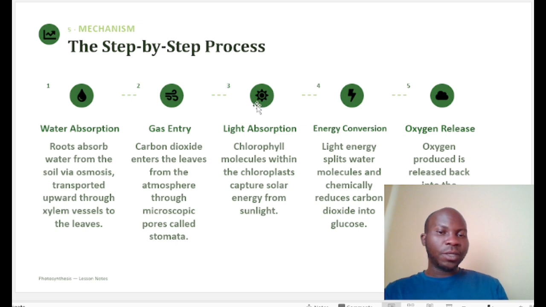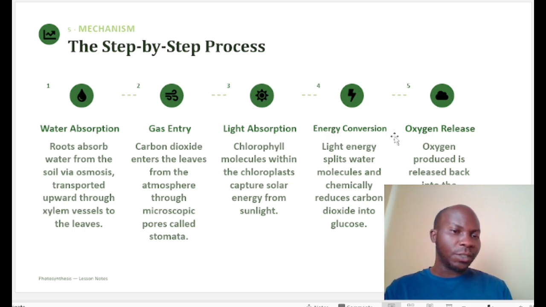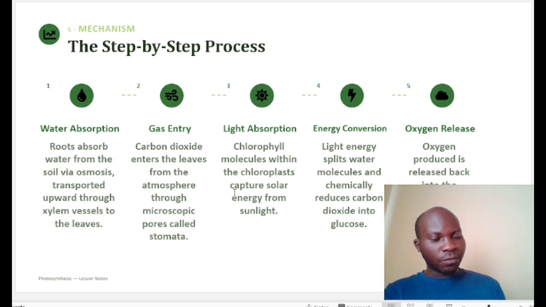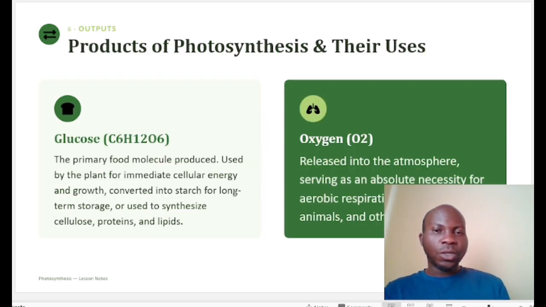We have sunlight absorption, where the light will be absorbed by the leaf. We have the energy conversion, where the sunlight will be converted into chemical energy. We have the oxygen release, as we have talked before. So now we have the products of photosynthesis: glucose and oxygen.